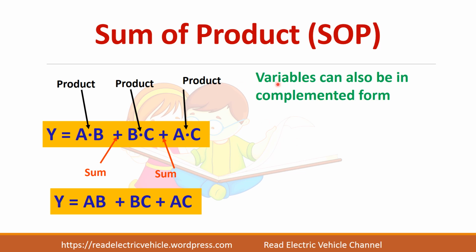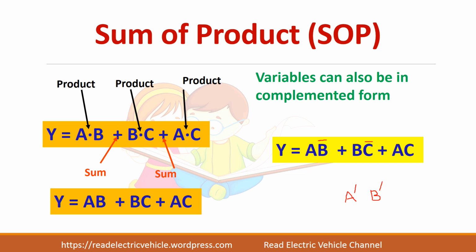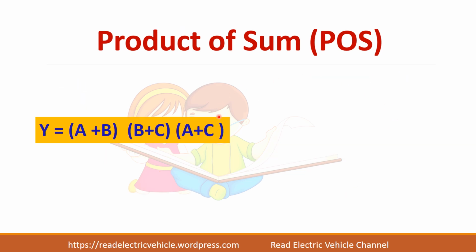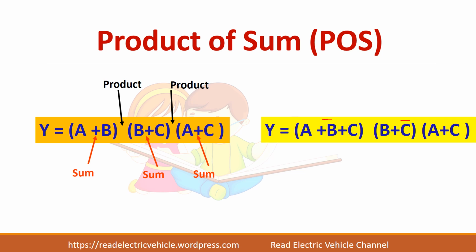The variables can be in complemented form also, so instead of AB, I can have A dash B or AB dash. Product of sum means first the sum will be there, A plus B, then you find the product of all the terms. So this is product of sum.